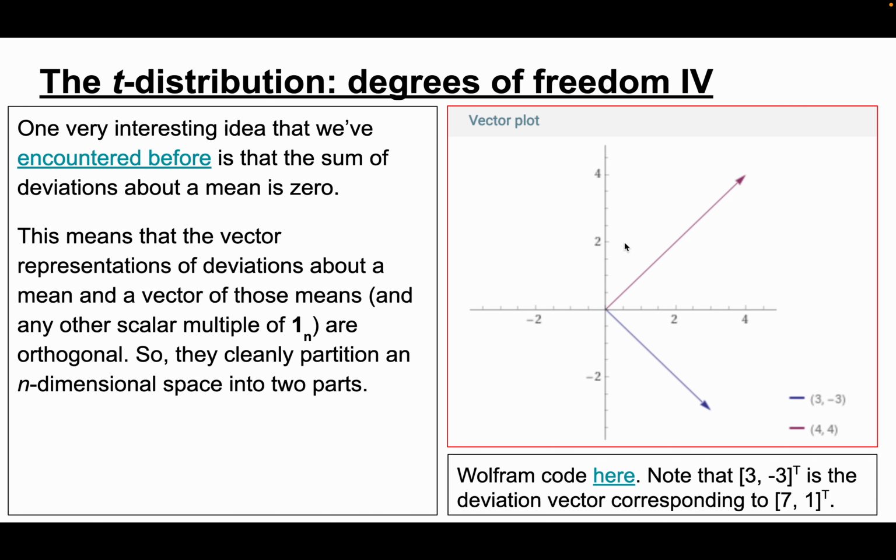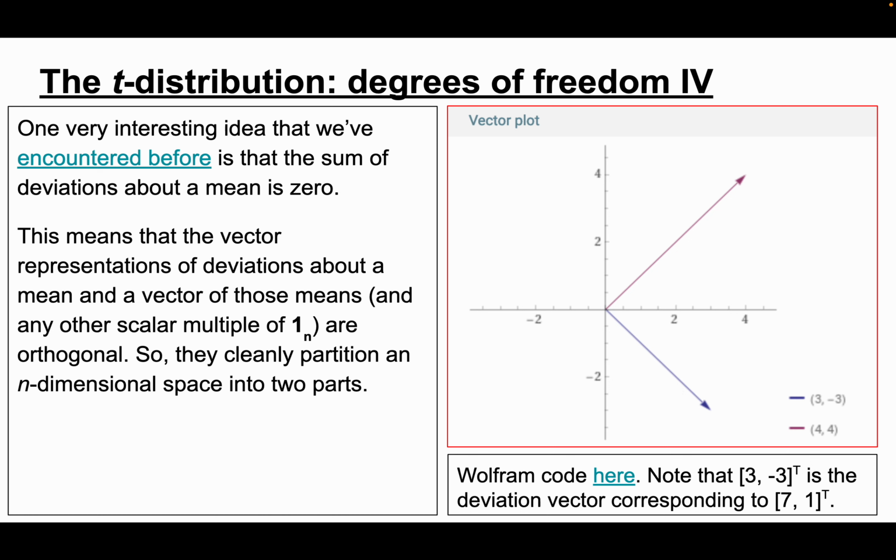So what this does is it actually cleanly partitions an n-dimensional space into 2 orthogonal parts, which is quite interesting, and we'll see that useful in a moment. Here to the right, you can see a vector of deviations. This is the deviation vector corresponding to the vector 7, 1.